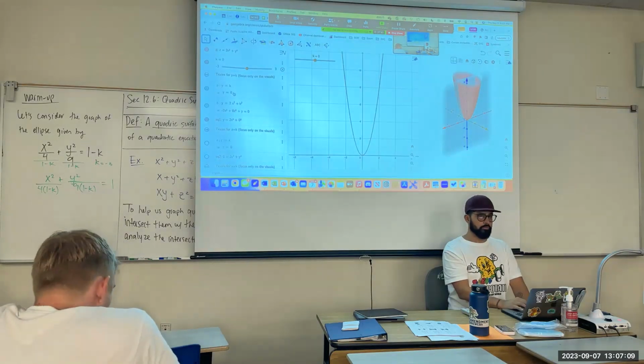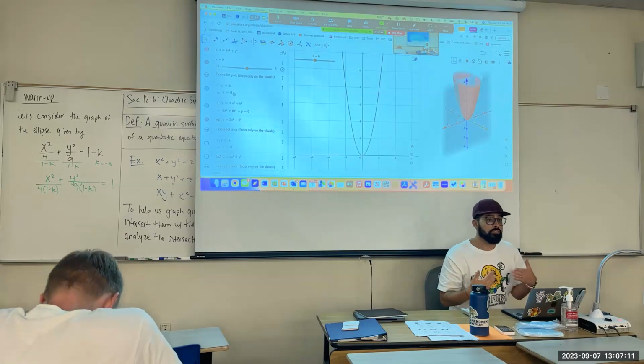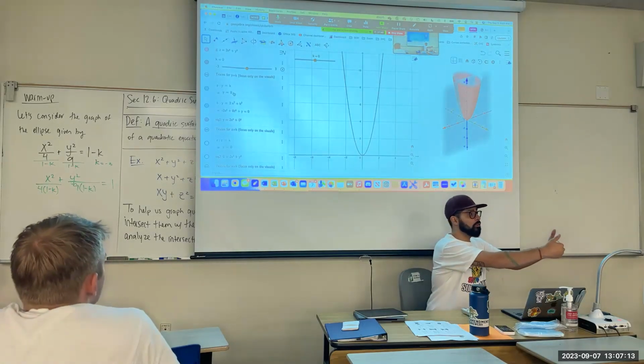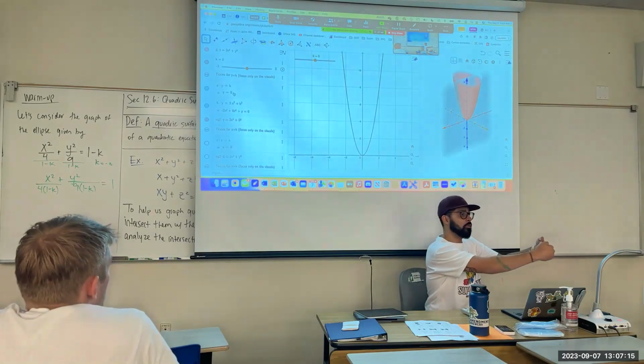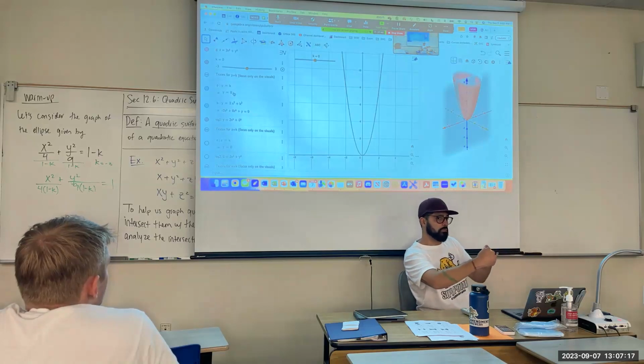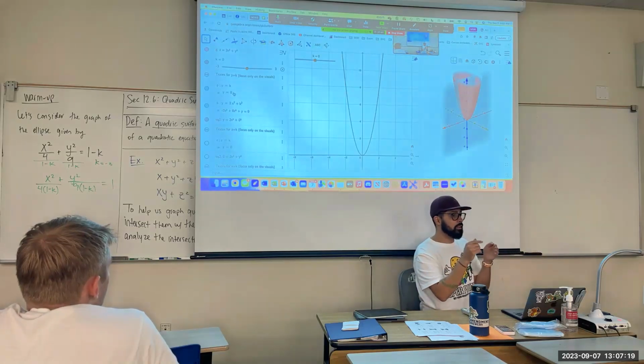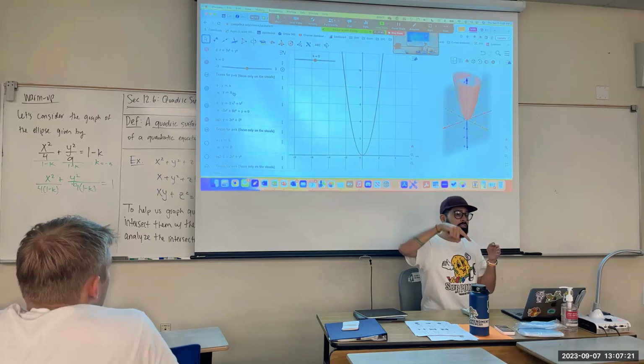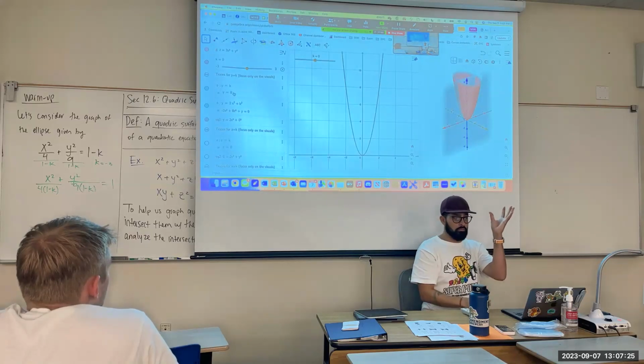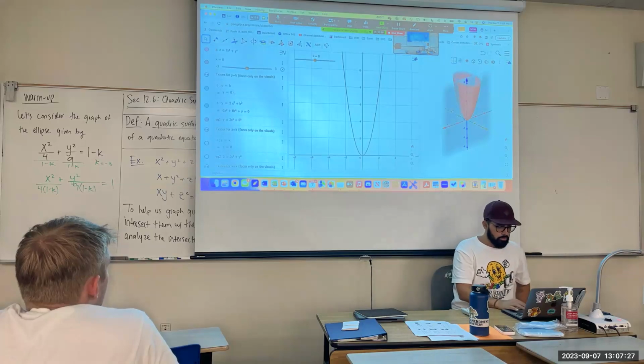We're going to shift that plane. We're going to increase the value of y, so the plane will go forward in the y direction. But as it does that, keep in mind the intersections that plane is making with that parabola.